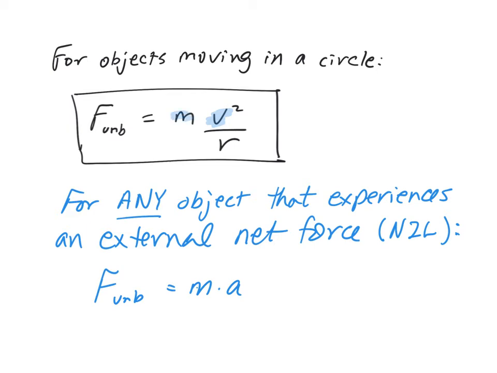The mass is directly related, and the radius of the circle, or the length of the string in my example of spinning the stopper over my head, is inversely related to the unbalanced force. And the unbalanced force, I should note, in this example is the tension in the string. That's the unbalanced force that's causing it to accelerate.